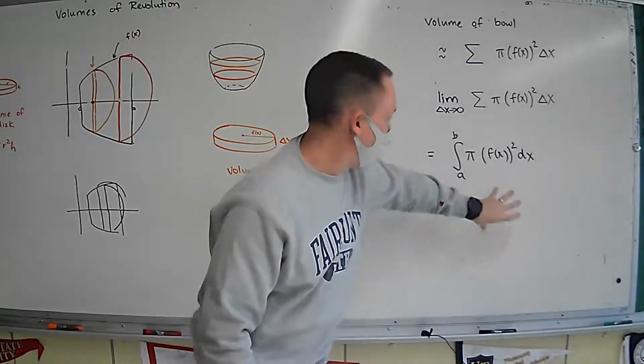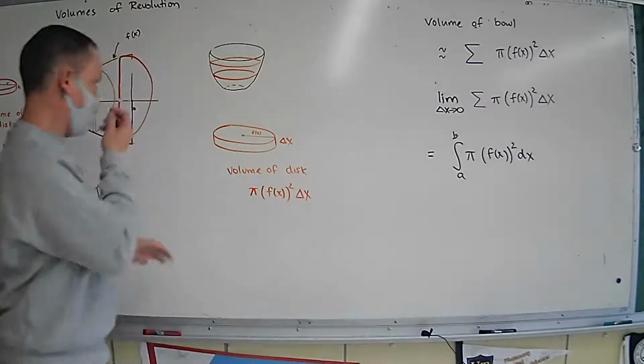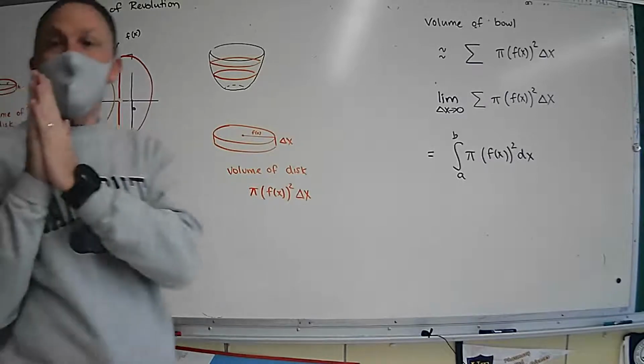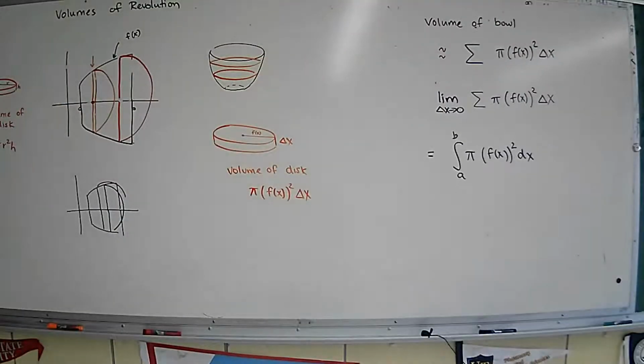We're adding up an infinite number of disks. You know what a CD is? Think of a bunch of CDs all stacked up, like library books lined up side to side, all changing in size. But we have an infinite number of those that are infinitely thin. And when we do that, you get the volume, right? That's what's happening there.